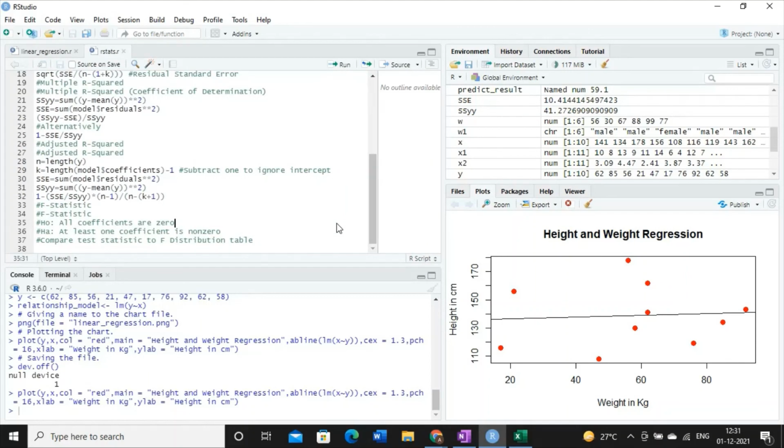I think you remember that I have explained some hypothesis analysis. Hypothesis analysis means first I consider that all coefficients are zero, and then I consider that at least one coefficient is non-zero. On the basis of these two hypotheses, null hypothesis and alternative hypothesis, we can calculate something. So this F statistic is also used for hypothesis analysis.